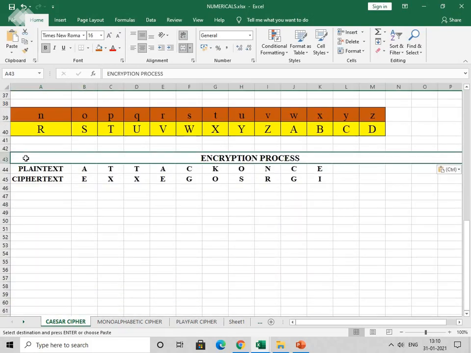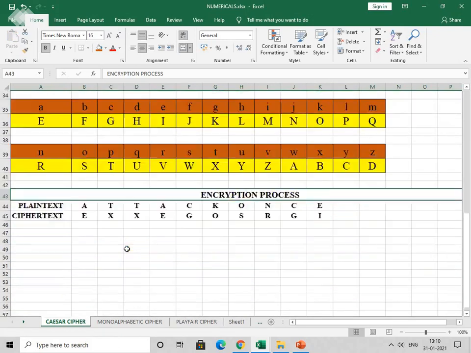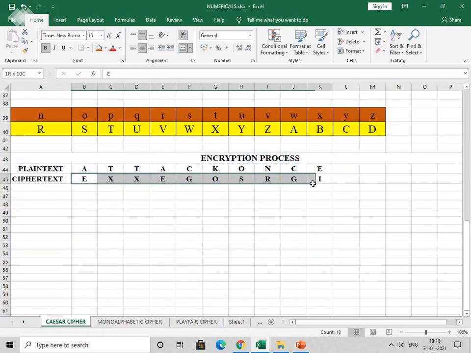By using the shift of 4, we have generated the cipher text. I hope all of you got this Caesar cipher.